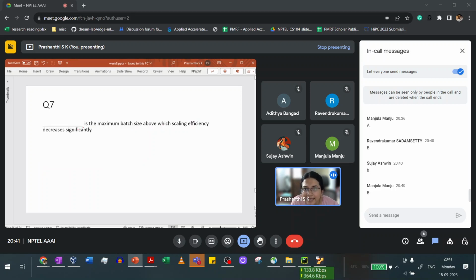Question 7. Dash is the maximum batch size above which scaling efficiency decreases significantly. This we did not have in our recap, but maybe you remember it from your slides. Okay, critical batch size. Anyone else?